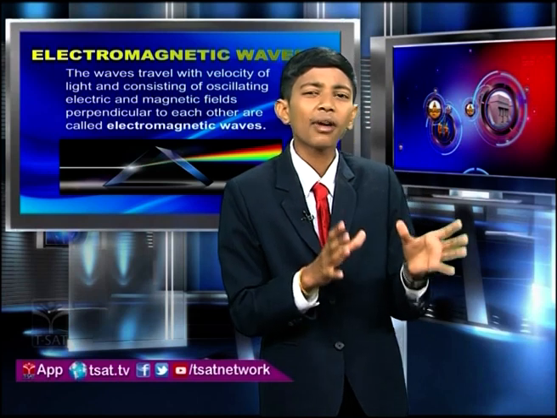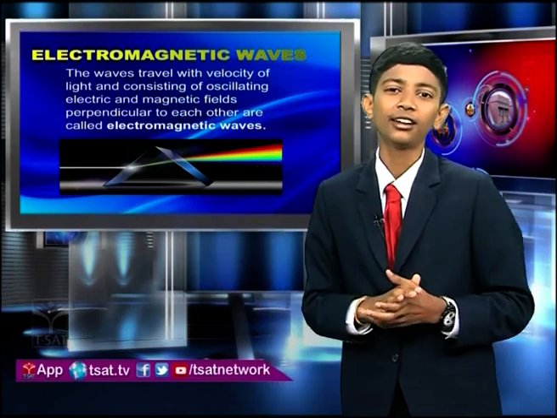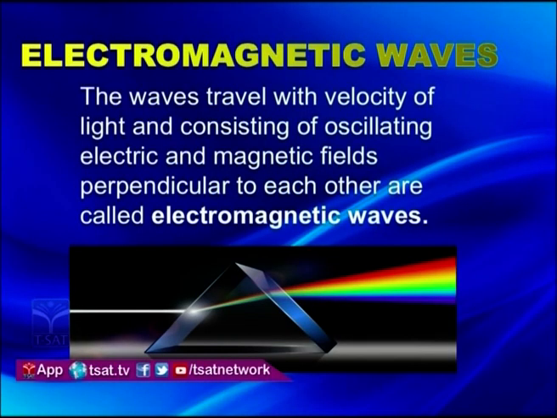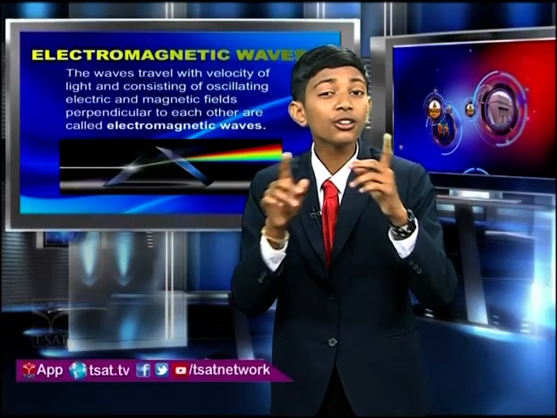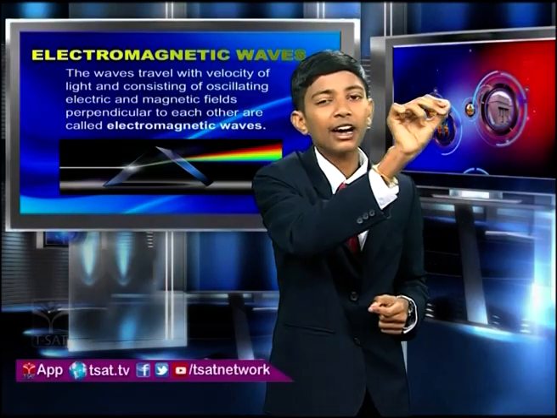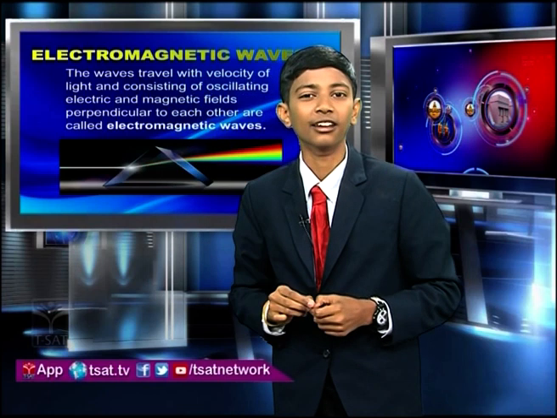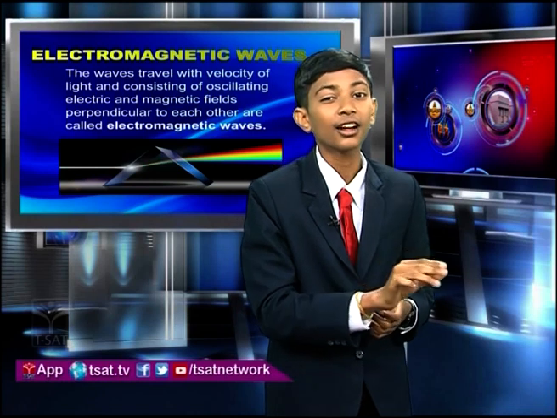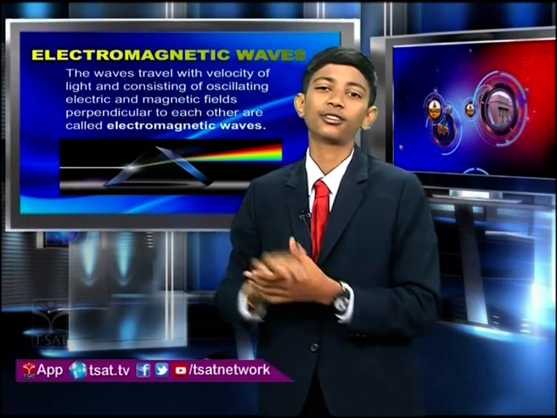These electromagnetic waves are the waves which travel with the velocity of light and consist of both oscillating magnetic field and electric field, perpendicular to each other and also perpendicular to the direction of wave propagation. Such types of waves are called electromagnetic waves.